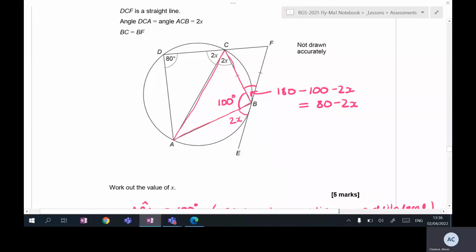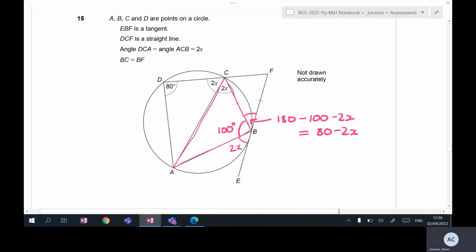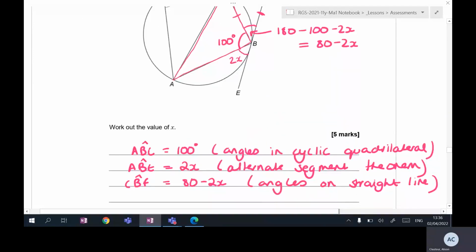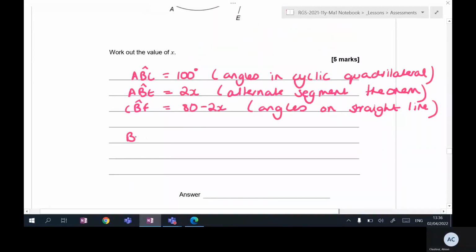Also look for other things that the question gives you. So we've got these lines here that show they're equal. So it's formed this isosceles triangle in BCF. So that will probably be relevant as well. So I can work out what this angle here is. So BCF, using my isosceles triangle, is 180 take away my top angle, which was 80 minus 2x.